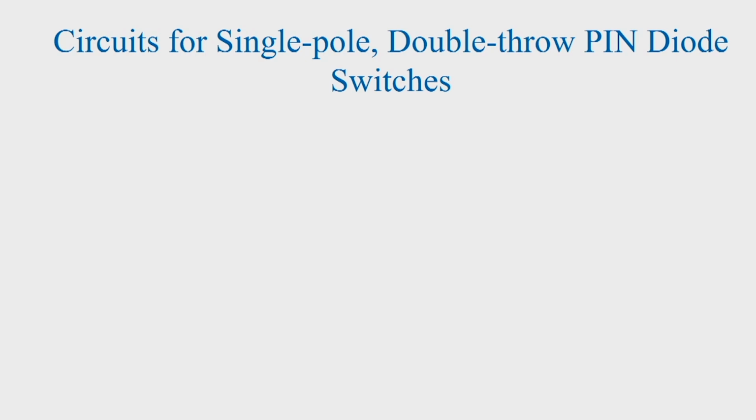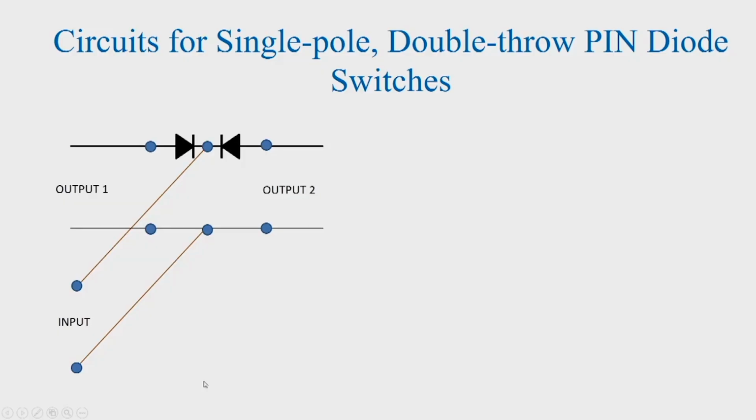So, we have seen the SPST type switch. Now, let us consider SPDT or single pole double throw type switches. This is a switch where we have two diodes, and this is the input port.